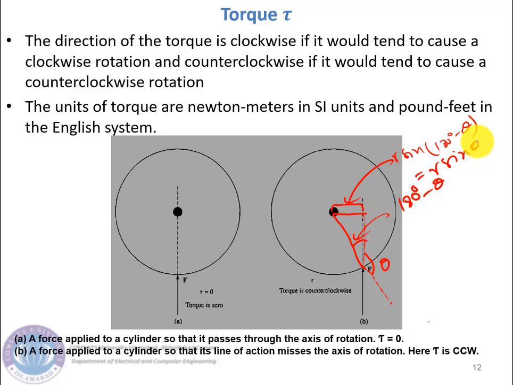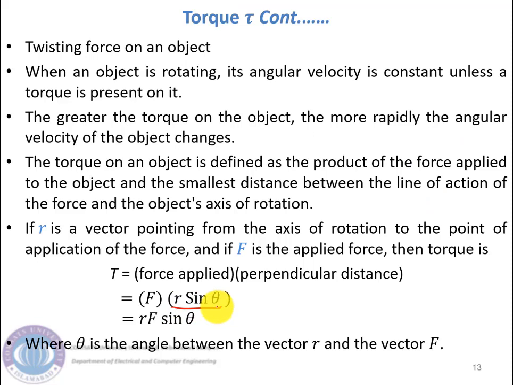This is just a basic trigonometric identity that you must know. That will be the shortest, perpendicular distance, the effective part of the force that we have applied here. So this is the relation r sine theta that we have seen, and this is the force that we have applied.